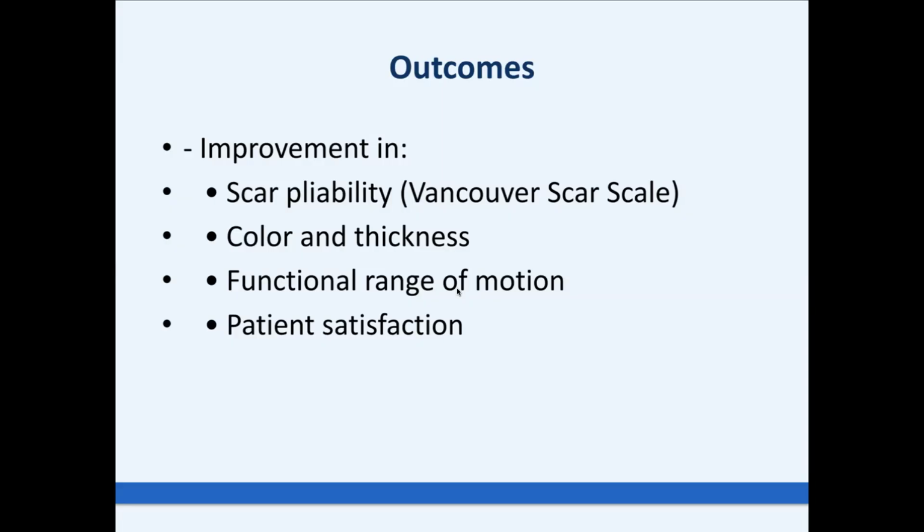What we can see is that the scar has more pliability, color and thickness are better, there is less thickness, and better functional range of motion. And I think the best result is that the patient is satisfied.